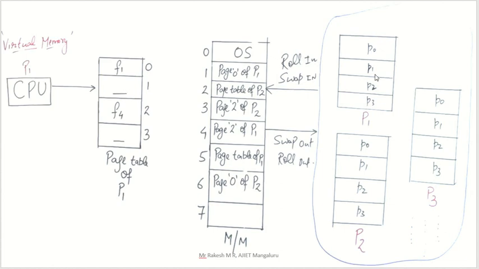What to do now? The CPU asked for page 1, but that is not there in your main memory. So at that time the operating system's job is to bring the required page from the secondary memory to main memory.